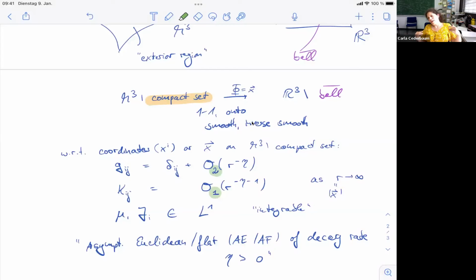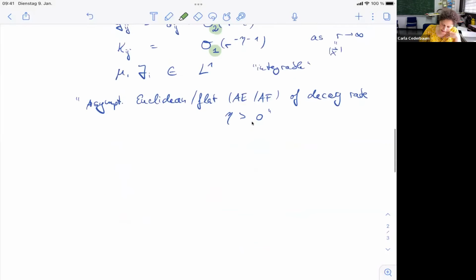On the other hand, other time slices in an asymptotically Minkowskian spacetime don't necessarily have to be asymptotically Euclidean. As a warning, here is an example.